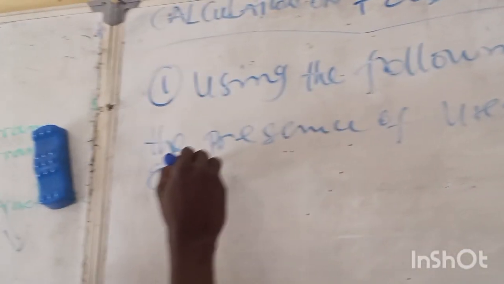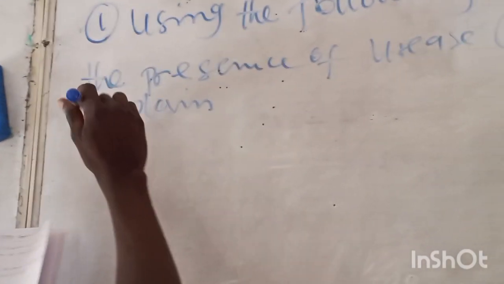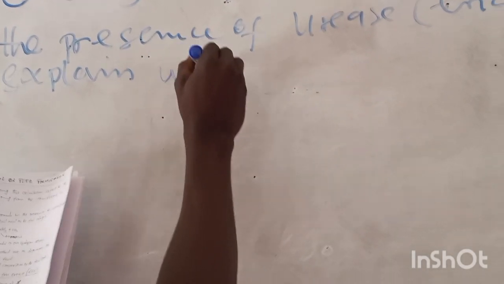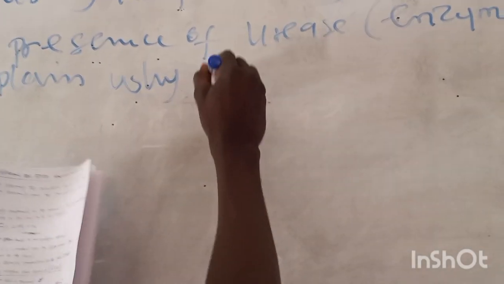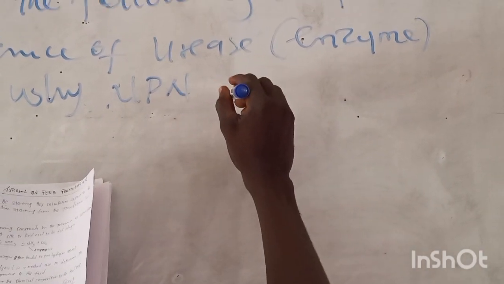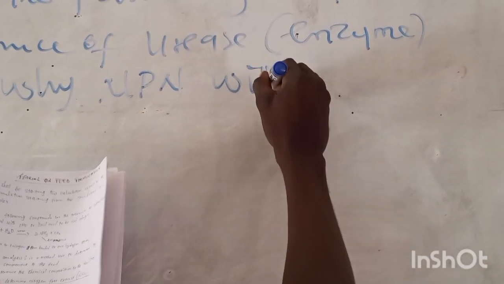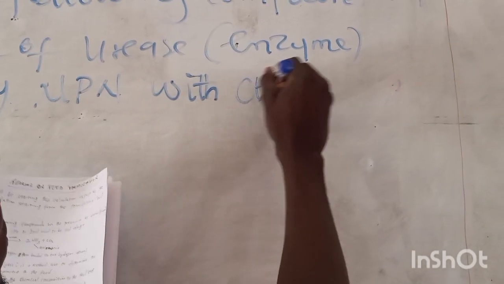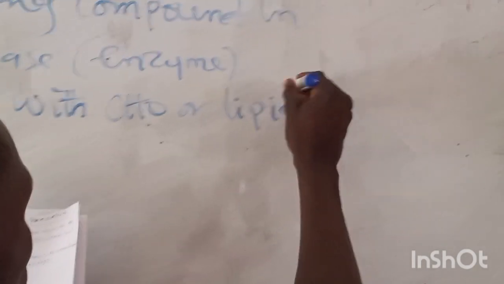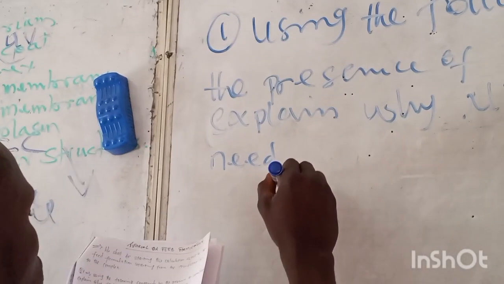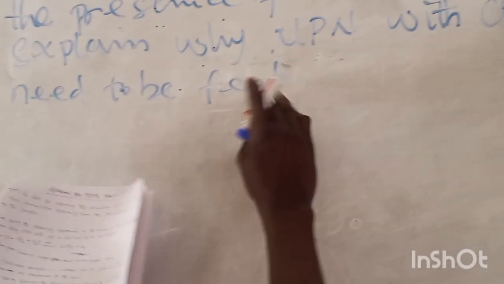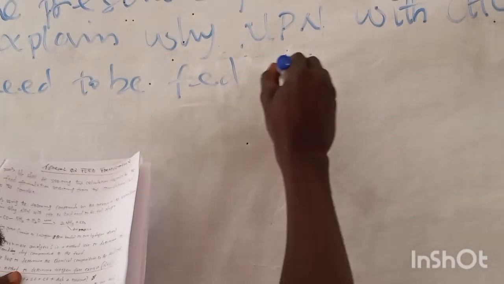Explain why NPN with CHO or lipid need to be fed along.